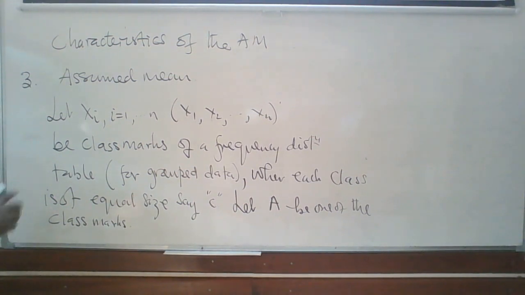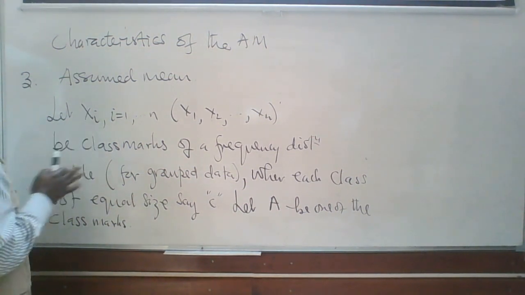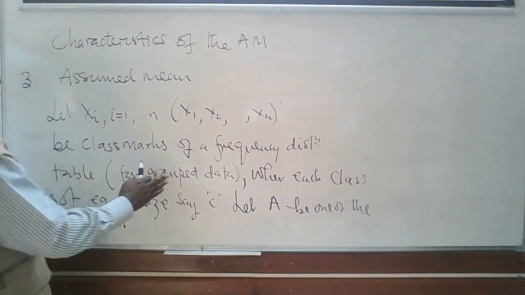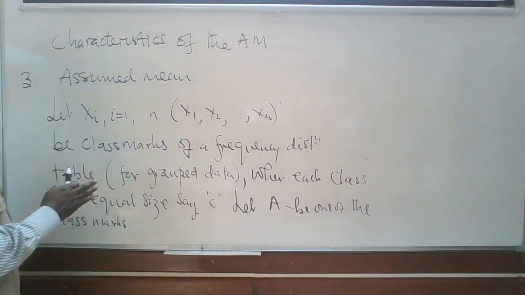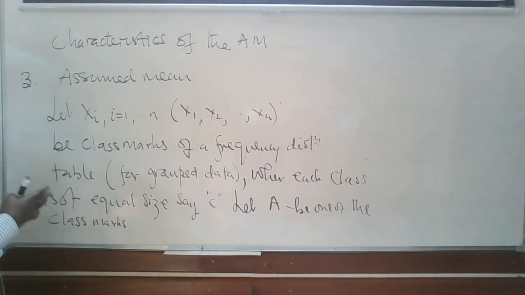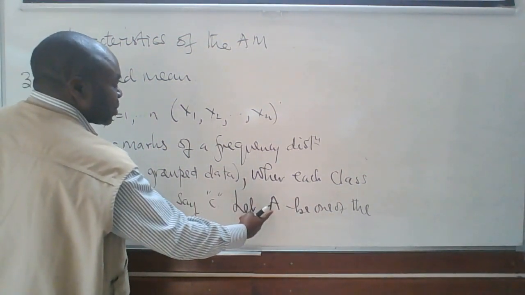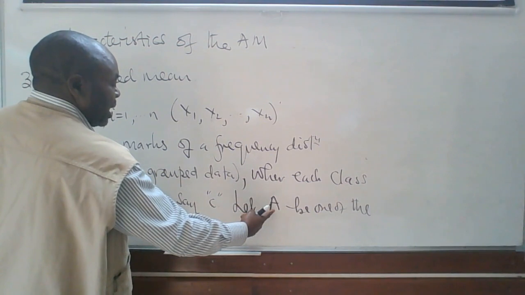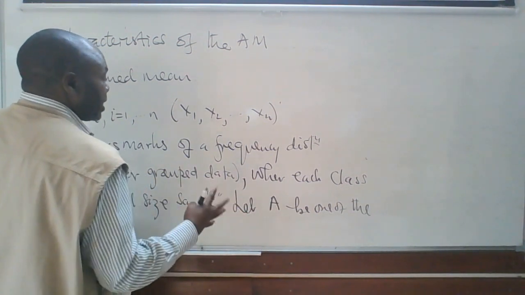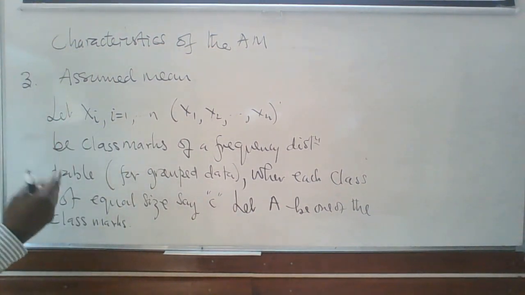So here note, all the values xi's are class marks of the classes in a frequency distribution table, and each class has size C. That means all of them have got the same size. Now I'm picking one of the class marks as A. That means that this A is not outside the distribution, like in the other case where A was any number.